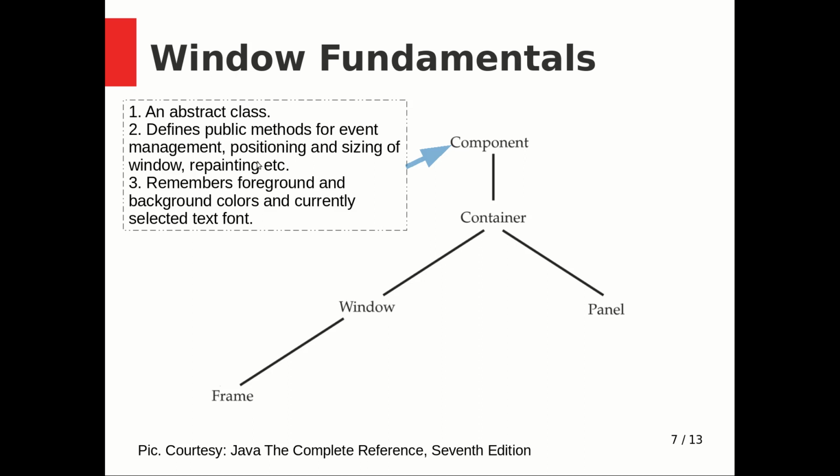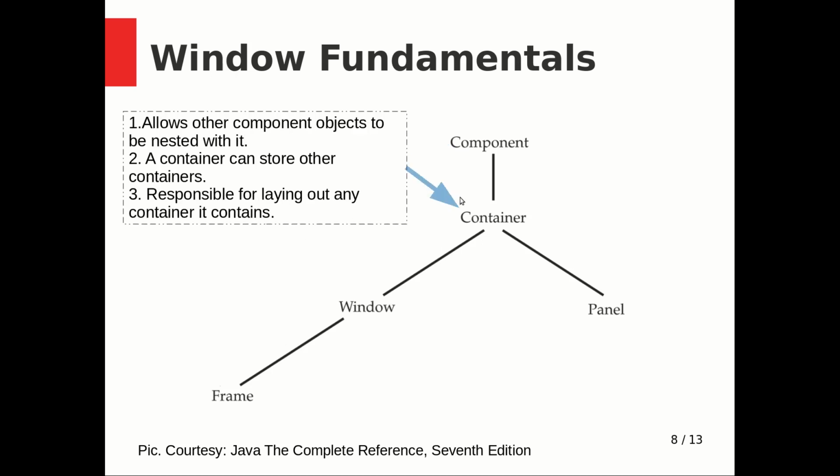And the component class is again capable of remembering foreground and background colors, and currently selected text font. In short, the component class is responsible for every kind of GUI activity.